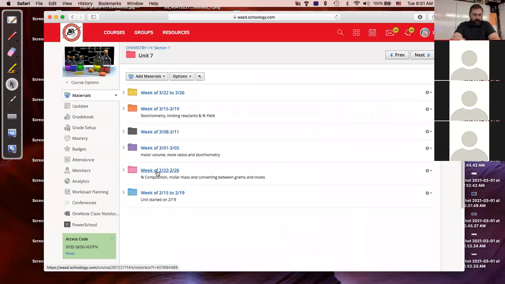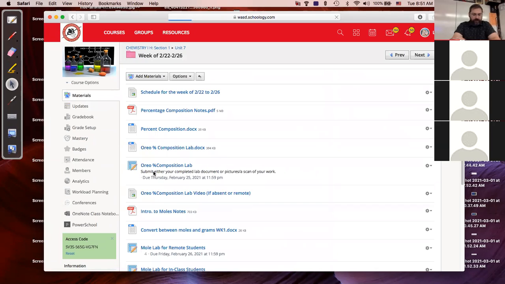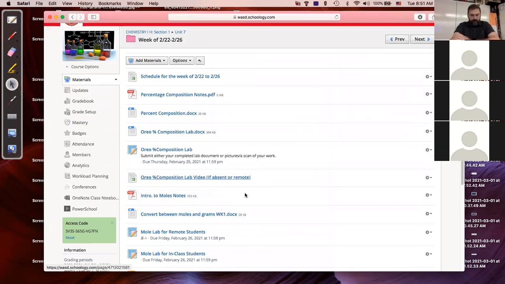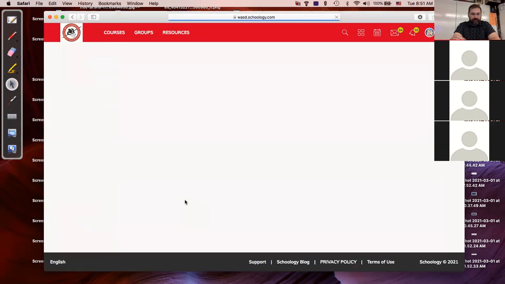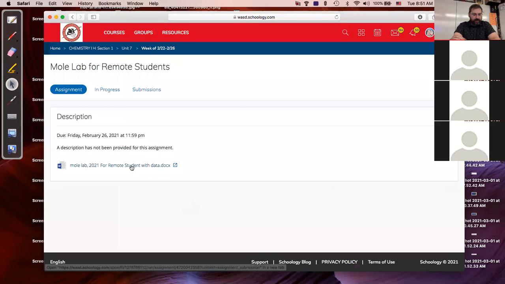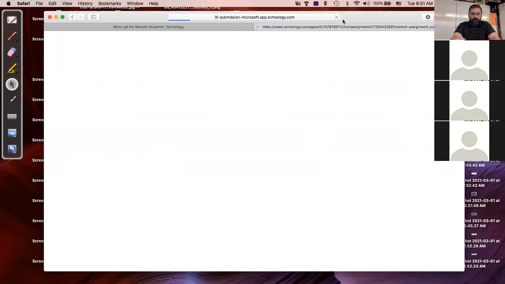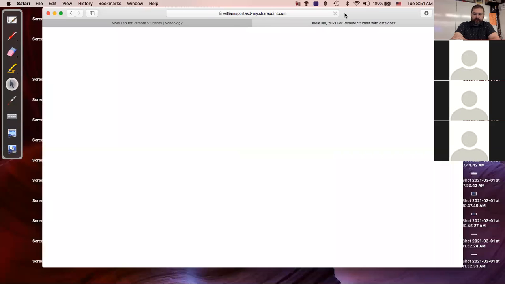But the mole lab was from February 26th. So that's in Unit 7. If you go into Unit 7, week of 222 to 226, there's a link here that says mole lab for remote students. So it doesn't matter if it's a mole lab for remote students or a mole lab for in-class students. The mole lab for remote students just has data included in it.